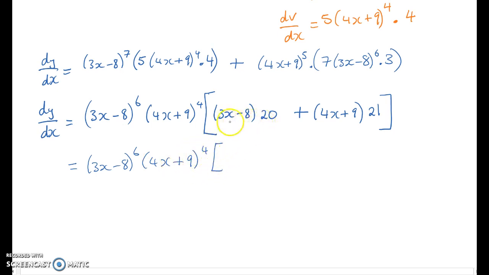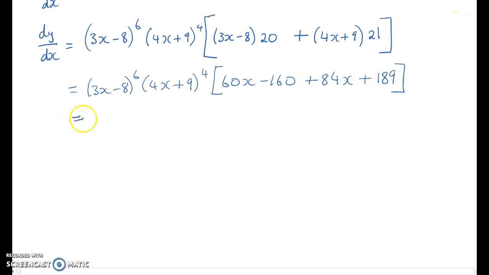And that's all going to be multiplied by 20 times 3x is 60x minus 160 plus 21 times 4x is 84x plus 189. So we can simplify what's in those square brackets, and we're going to have (3x minus 8) to the power of 6 times (4x plus 9) to the power of 4 times 60x plus 84x is 144x, and minus 160 plus 189 is plus 29.